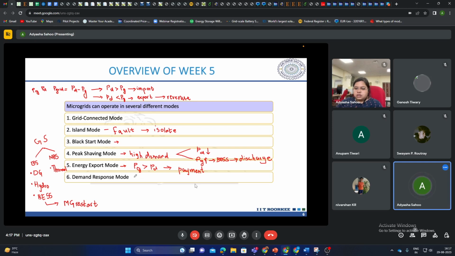Then lastly is demand response mode. What is this now? Basically, follow the grid signal, or follow the grid.